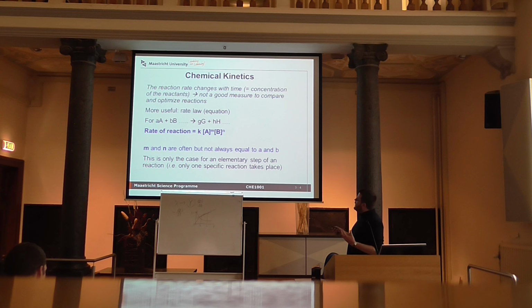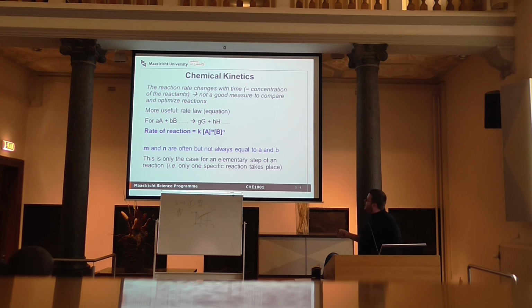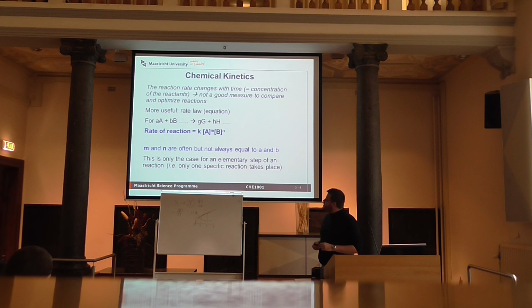Now, for any reaction, we can write a so-called rate law. A rate law is basically just taking a reaction. So here we have our generic reaction, aA plus bB forms gG plus hH. Little a and little b, and little g and little h, are the stoichiometric coefficients of the balanced equation.